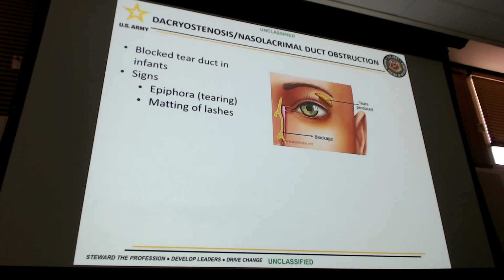All right, newly added to the PANCE 2025 blueprint was dacryostenosis. Okay, again, dacryo means lacrimal. Stenosis means nothing's flowing. Okay, so dacryostenosis, there's a blockage in the lacrimal duct. Nasolacrimal duct obstruction, NLDO.